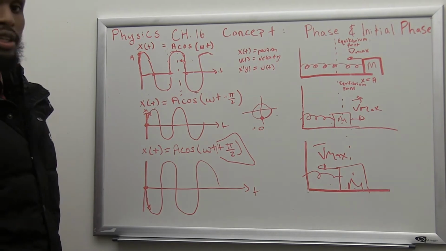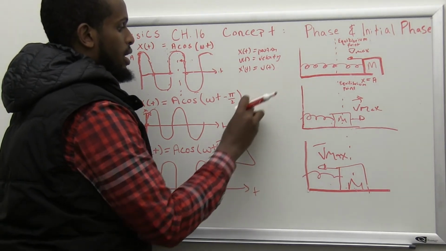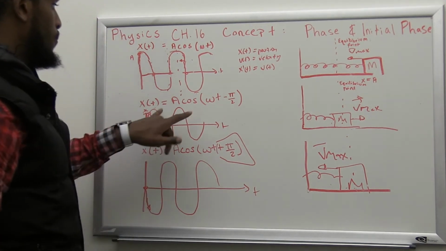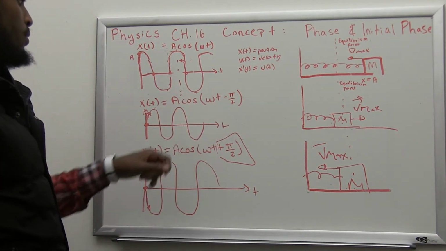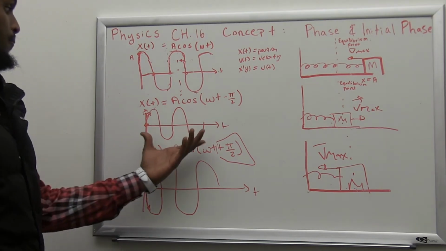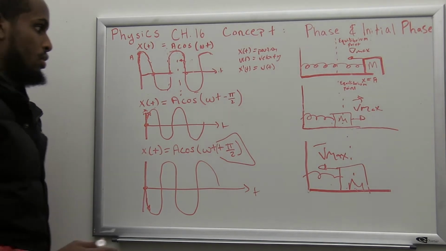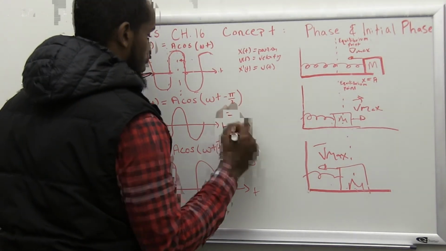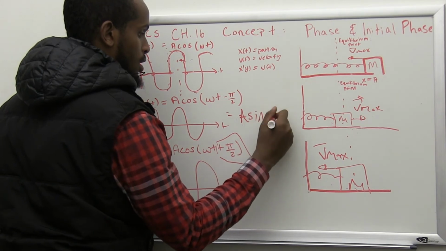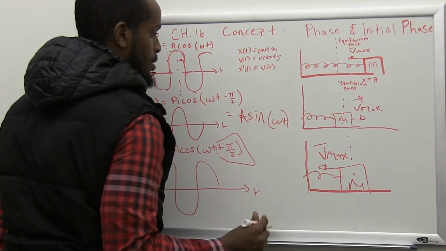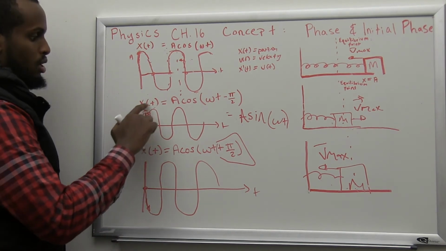So another good thing to note from this is that this function can be rewritten differently, right? If you look carefully at this graph, you can rewrite this function. So this function is equivalent to a sine of wt, right? The sine function starts from here and it goes like that.